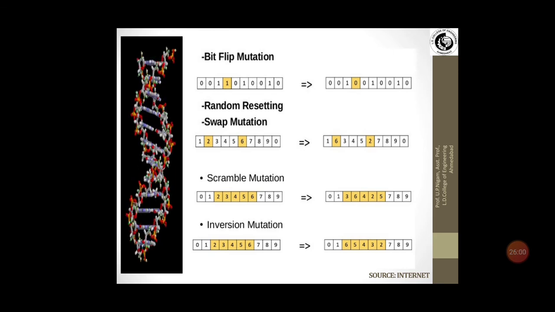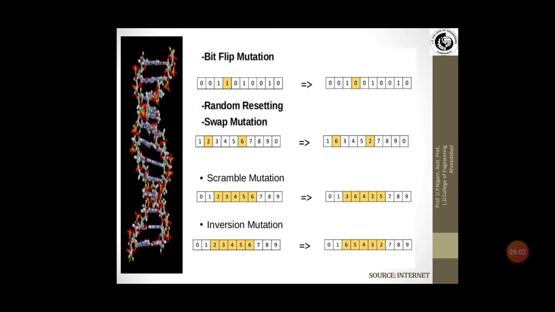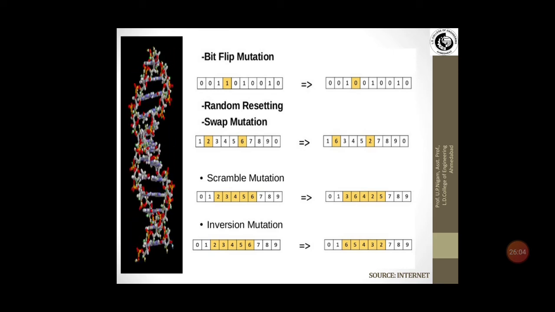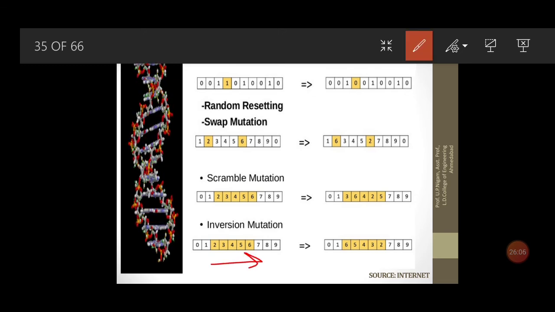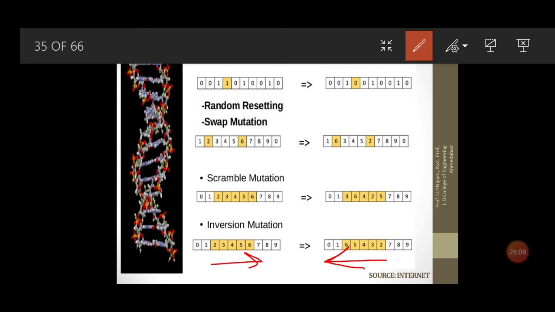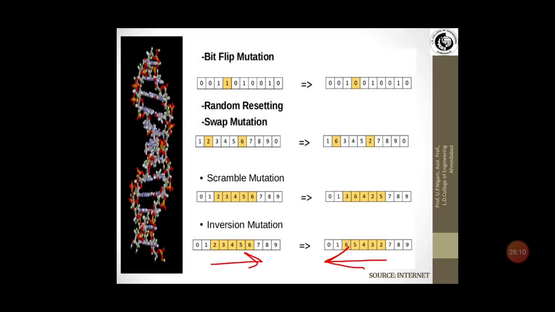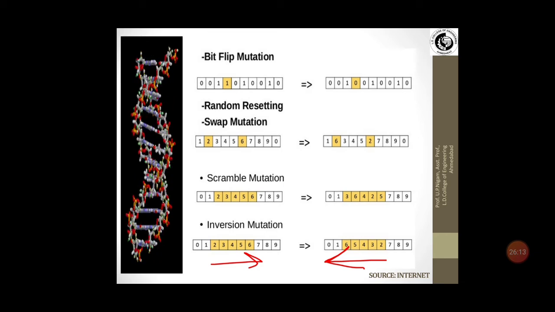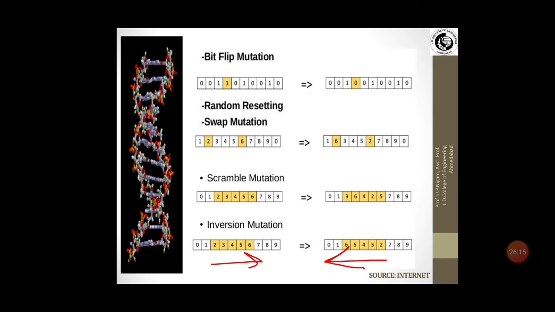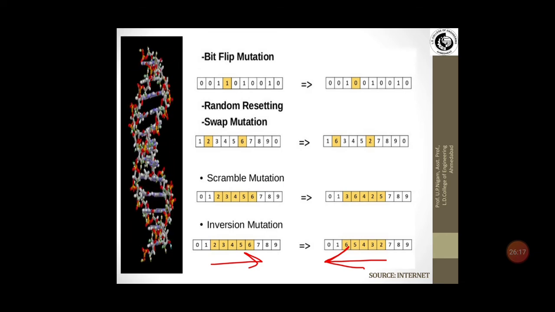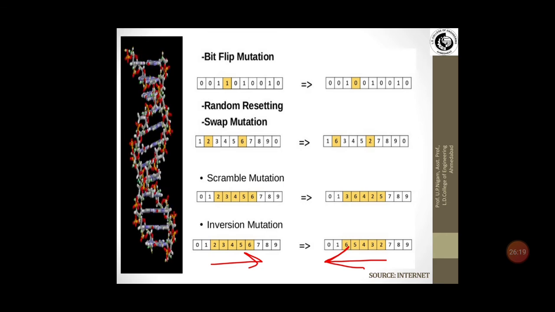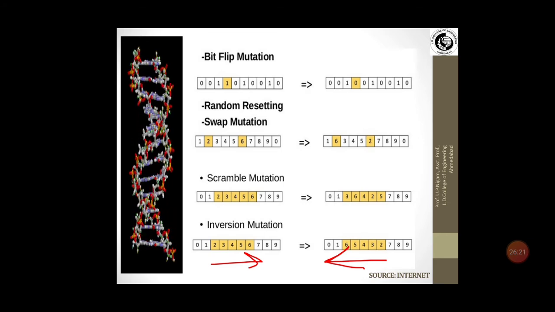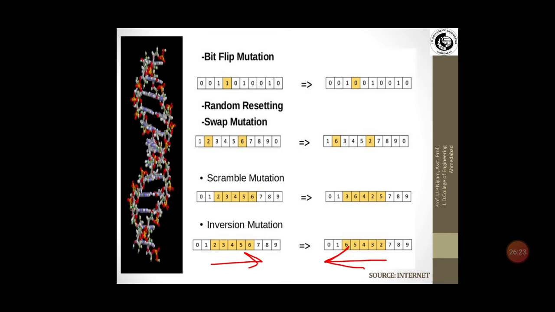You can see the values over here. Inversion means the values that were in this order have been reversed. So these are the changes introduced by the GA itself. The changes are not in the parents, it is not a type of crossover; the value has been selected randomly for that particular change.